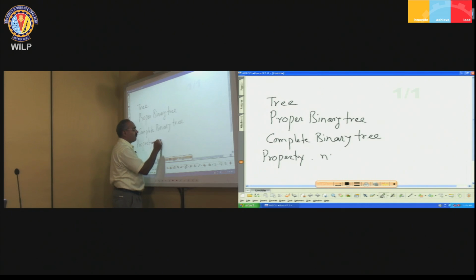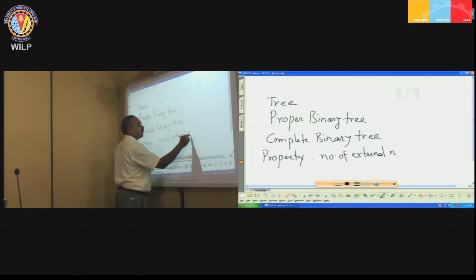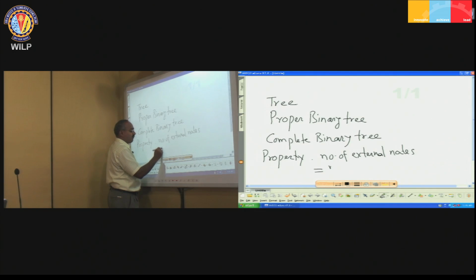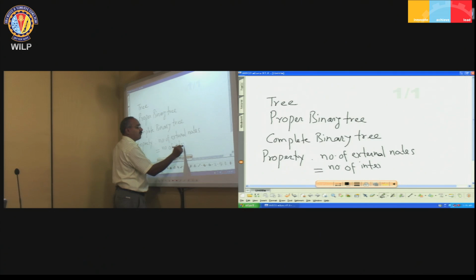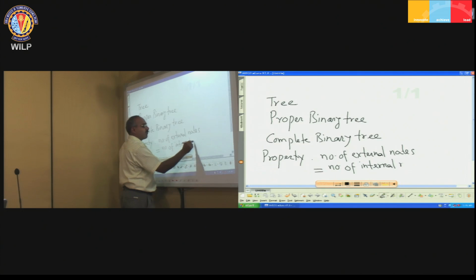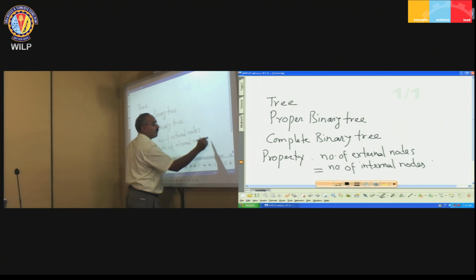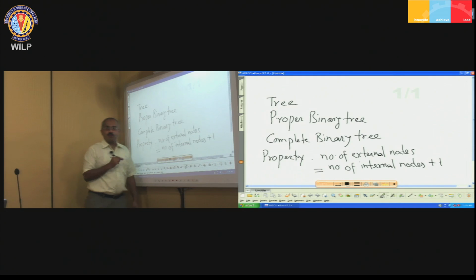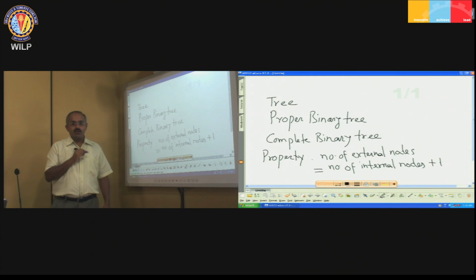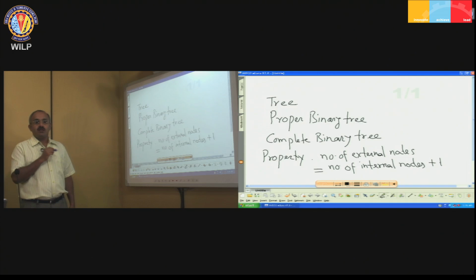So, the number of external nodes is equal to the number of internal nodes plus 1.